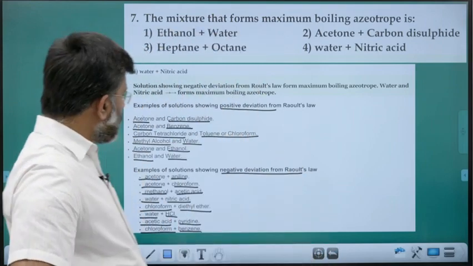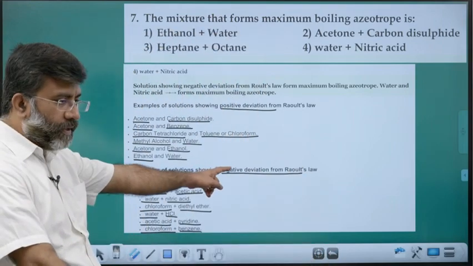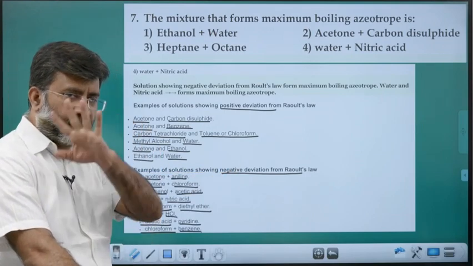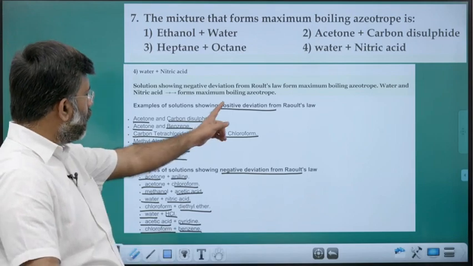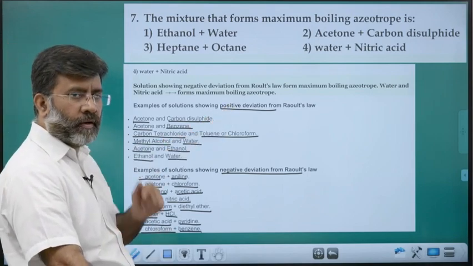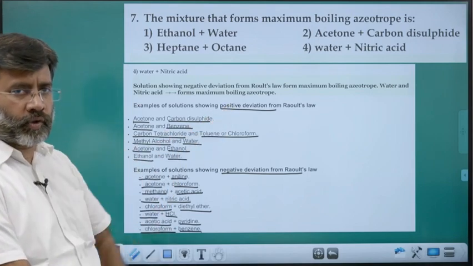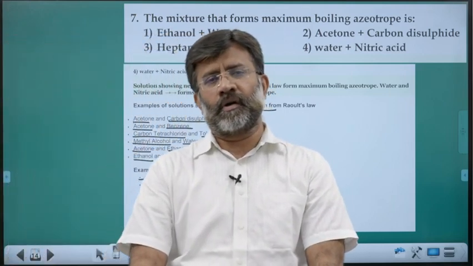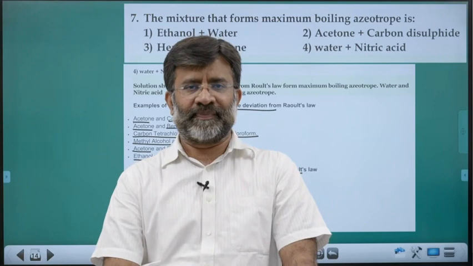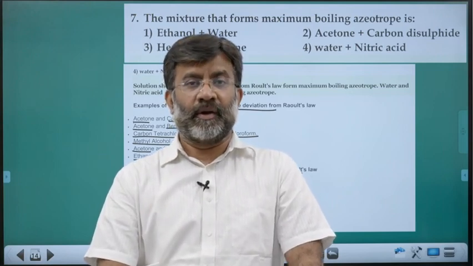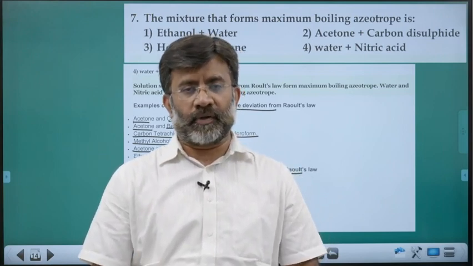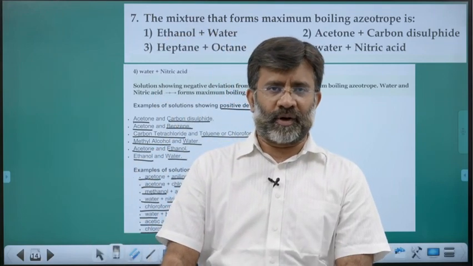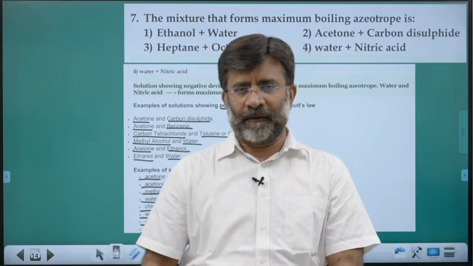So the components which show negative deviation will show a higher boiling, maximum boiling azeotrope, while the ones with positive deviation will show a lower boiling azeotrope. I'm sure you know what an azeotrope is. Azeotrope means constant boiling mixtures. It is formed by non-ideal solutions with positive and negative deviation, and there are two types of azeotropes, as all of you know. Okay, next question.